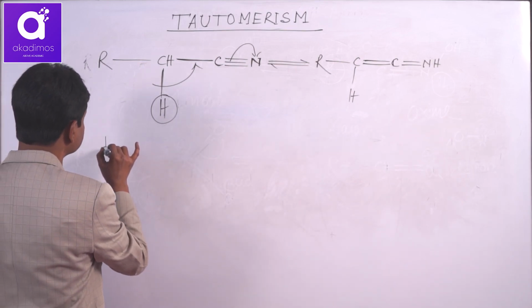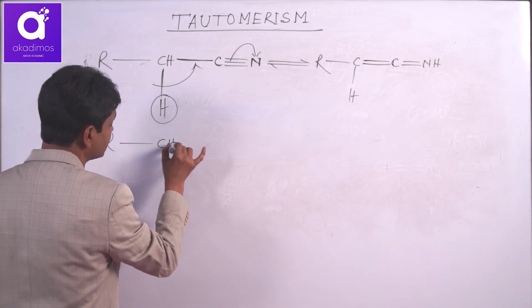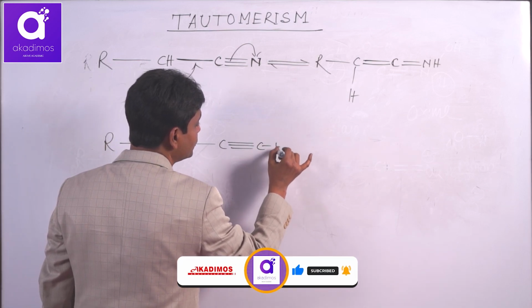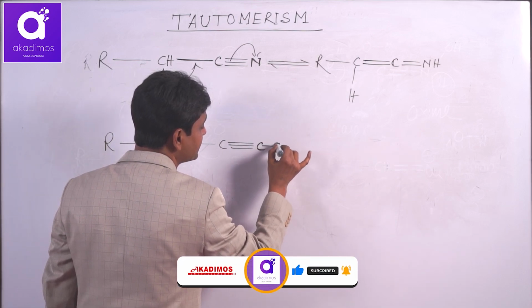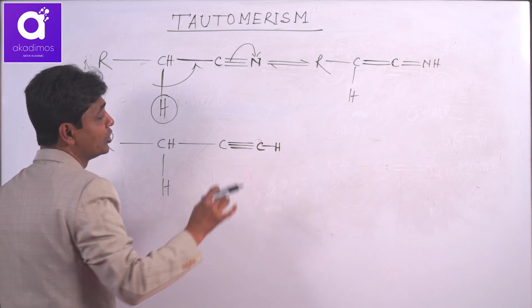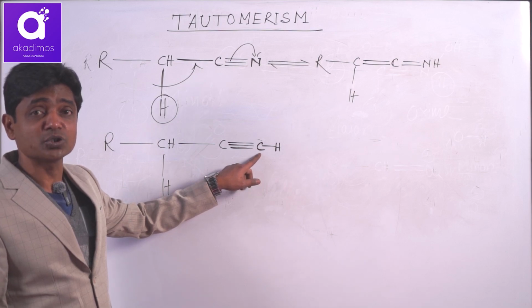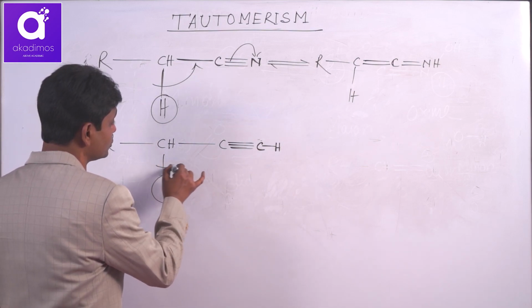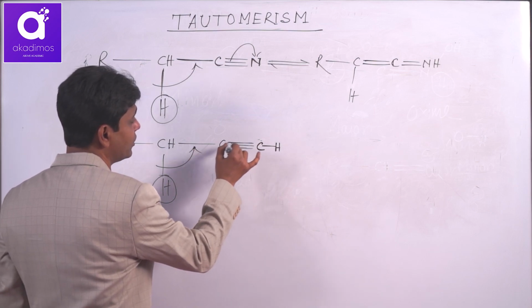Now another system, you can consider any alkyne system. In an alkyne, you know, the sp hybridized carbon is more electronegative than the other carbon. That's why the minus is stable here. It can participate to show a different tautomeric form.